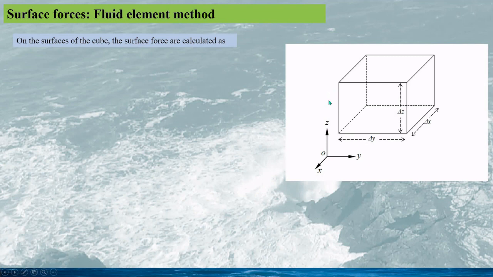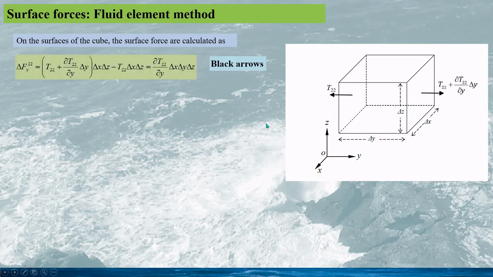So on the vertical surface at the left hand and the right hand side, the net surface force in the y direction is calculated as this due to the total stress tensor component T22, and here delta V for the fluid element is given as delta x times delta y times delta z.